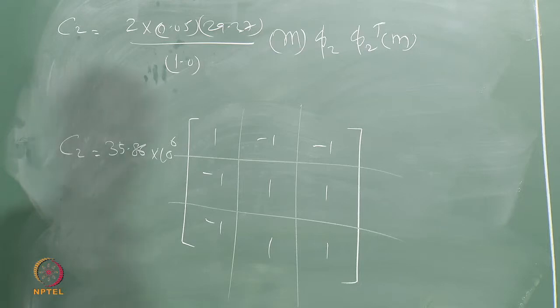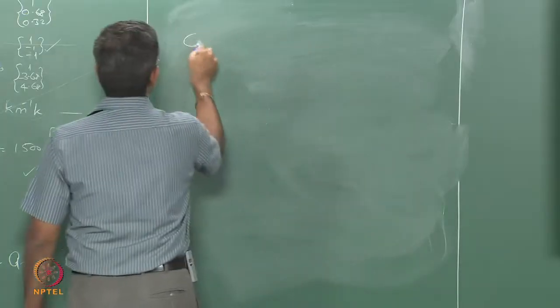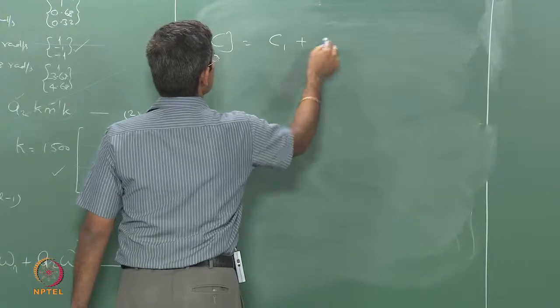This is C2. Now, one is not interested in getting the part and parcel of damping matrix, he wants the whole matrix. So, the C matrix is now given by C1 plus C2.